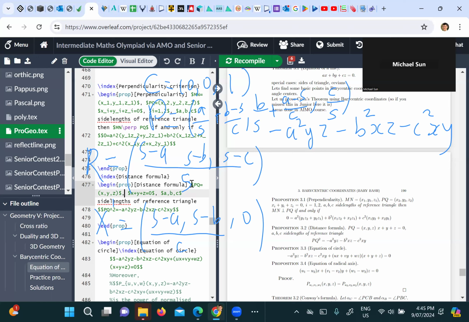We've got it as something. Nice. Did you get a factor of S minus C squared? Not sure. S minus C squared. Yeah.